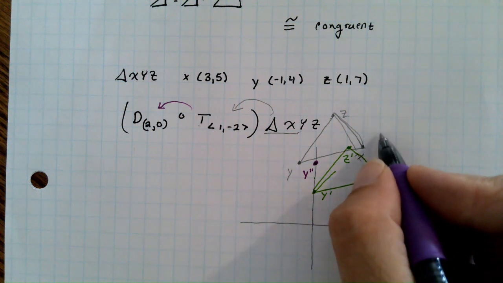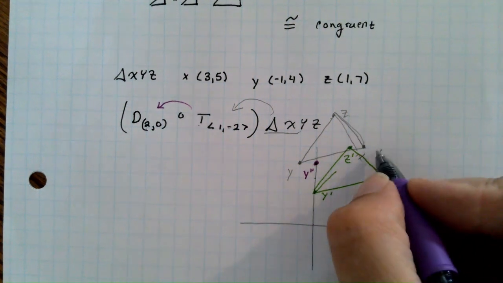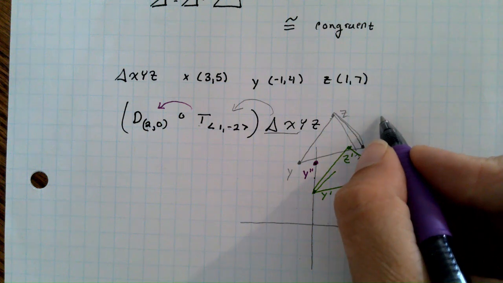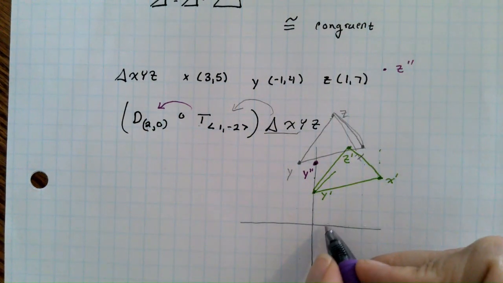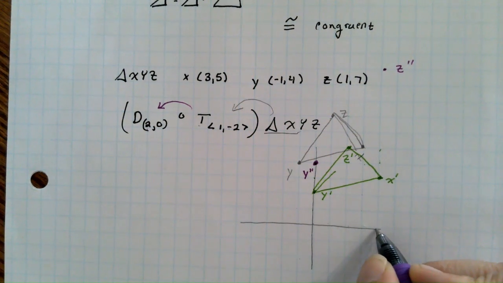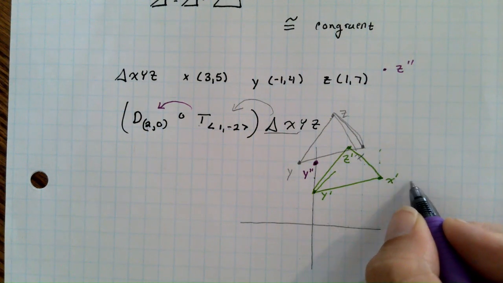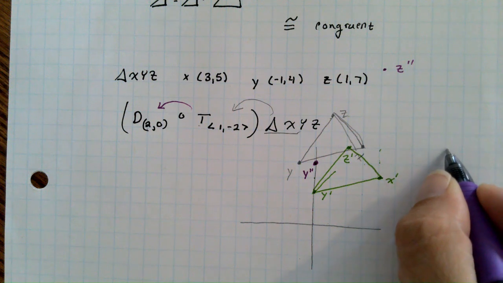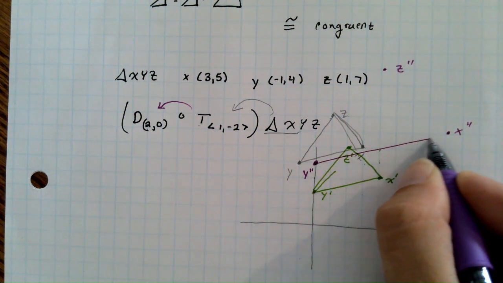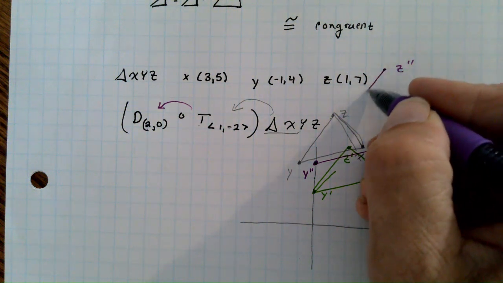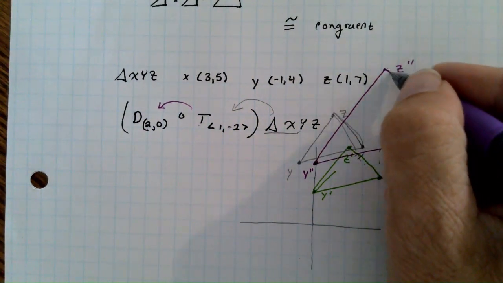So there's 4, 5, 2, and we can see that this triangle has greatly enlarged.